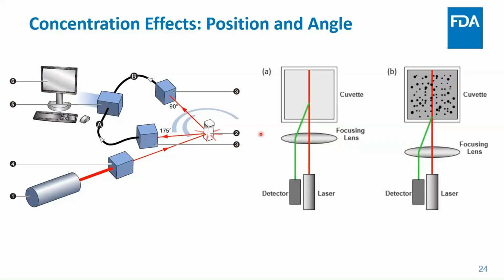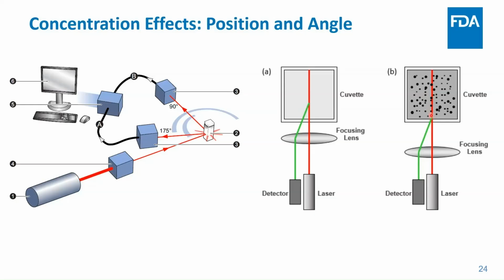But basically what you can do in the system is you can change the measurement position inside of the cell from being in the center. So let's say you have a very concentrated sample and you start to see multiple scattering, you can move the measurement position closer to the cell wall.